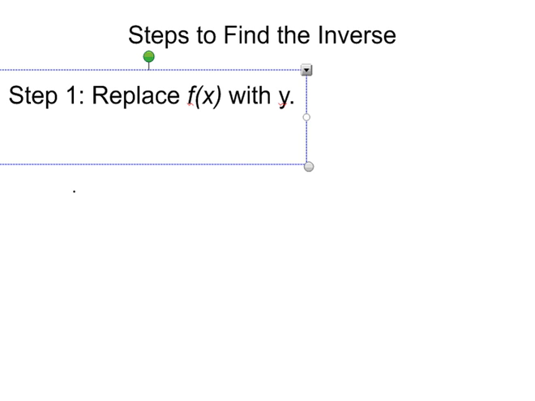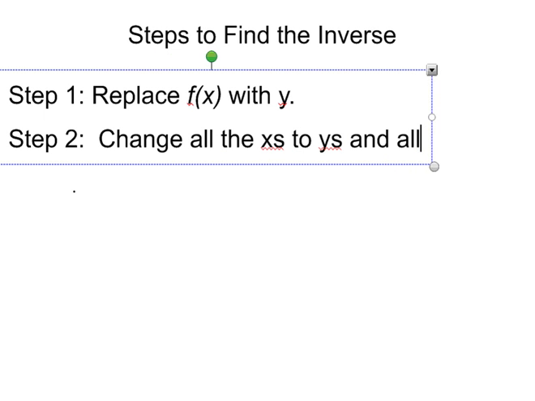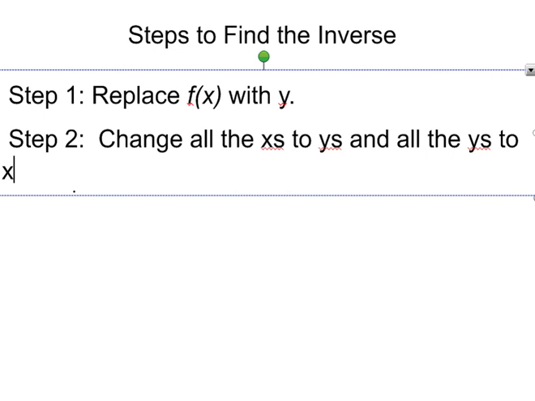Also, sometimes inverses aren't functions. So we can't have function notation if it's not a function. All right, step 2. We're going to now change all the x's to y's and all the y's to x's.